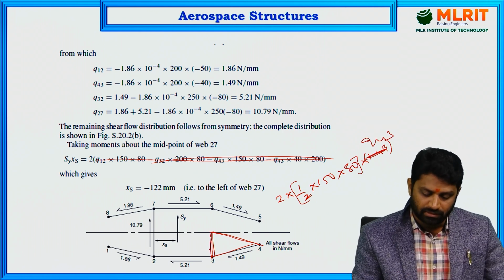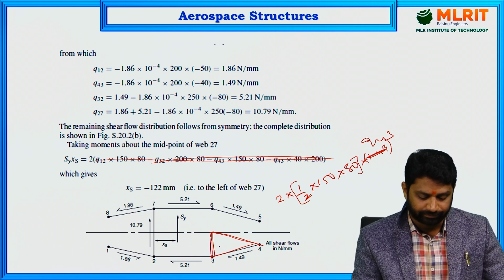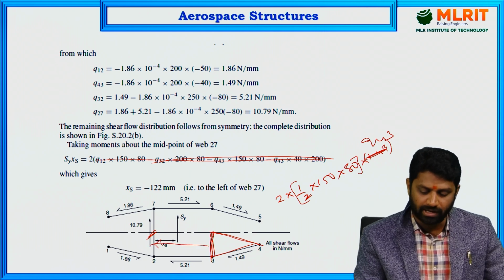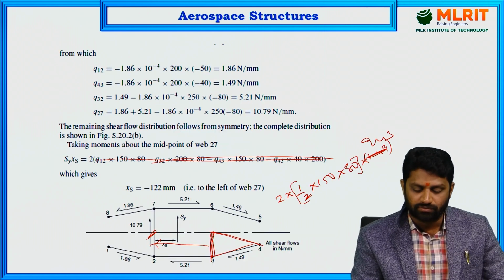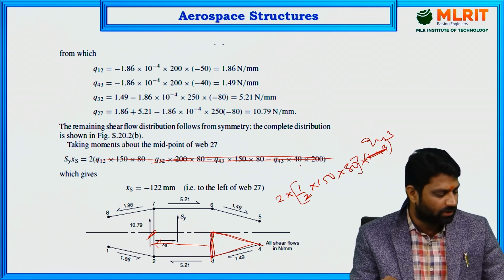Plus, when you write the perpendicular distance from here to here, since you're taking moment about this point, the perpendicular distance is 200, which you can also add. So that is what we have here, 40 into 200.